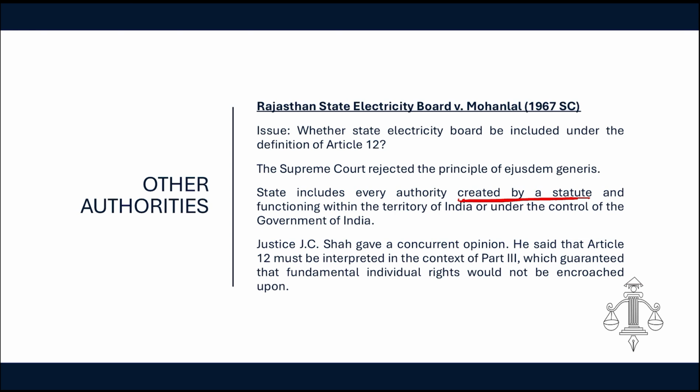Justice J.C. Shah, he gave a concurrent opinion. Now what is concurrent opinion? This is very important for you to understand. The concurrent opinion का मतलब होता है, मान लो एक 3 जज बेंच है, उसमें unanimous judgment आ रहा है. मतलब unanimous judgment का मतलब क्या, तीनों के तीनों judges ने same ratio, same decision पे arrive किया है, ठीक है.